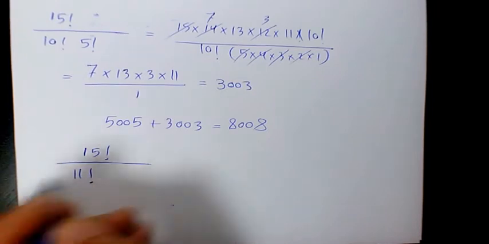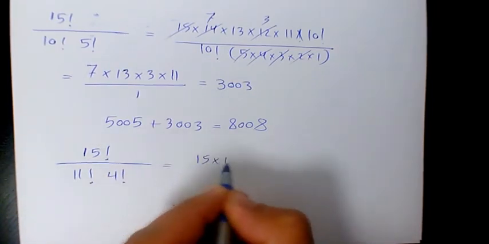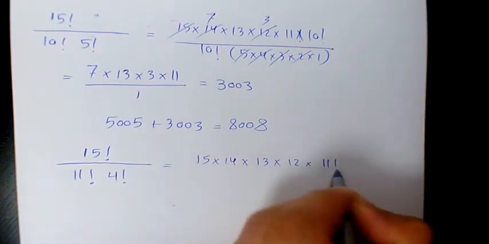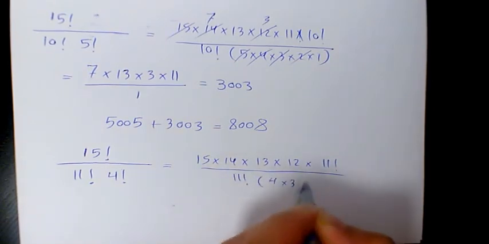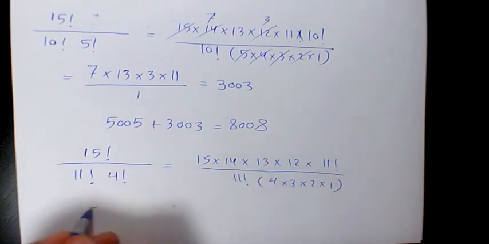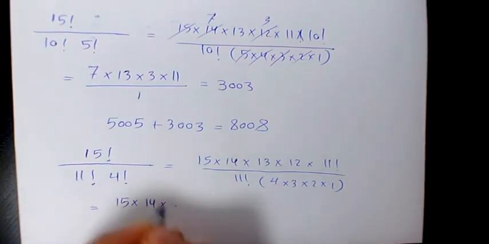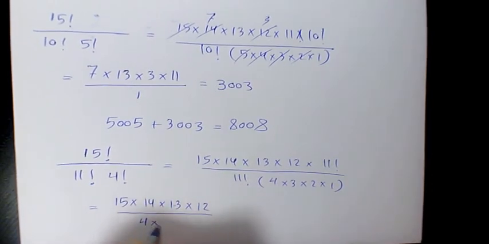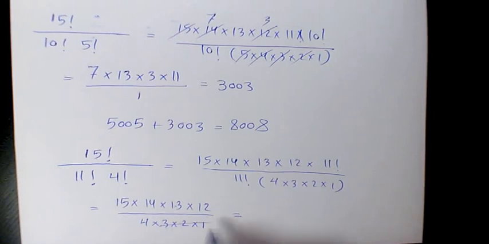over 11! times 4!, which is going to be 15 times 14 times 13 times 12 times 11! over 11! times 4 times 3 times 2 times 1. 11! and 11! cancel out. It's going to be 15 times 14 times 13 times 12 divided by 4 times 3 times 2 times 1. 2 and 3 is going to be 6.